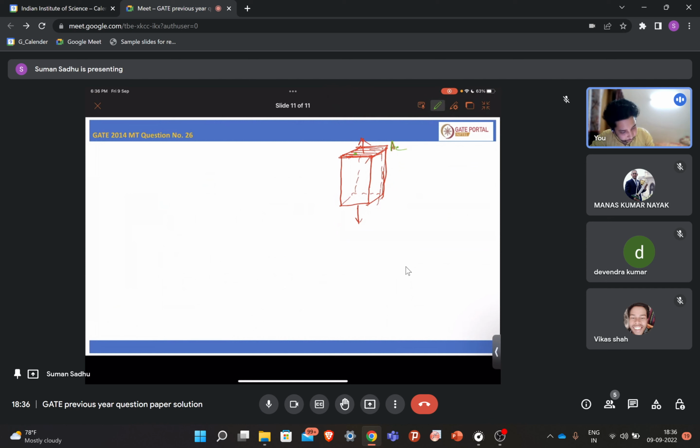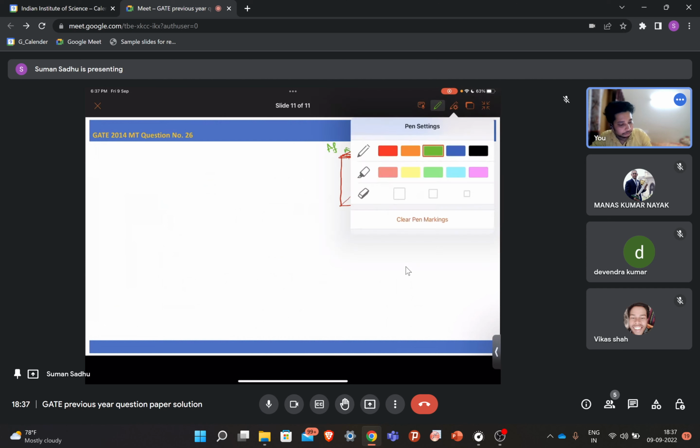Now we have composite here. If you see this cross section, the fibers will be oriented like this. So these are the fibers. If you visualize it in three dimensions, this will be the fiber. The fiber will also have some area. So the total area of the fiber is AF, and the area of the matrix is AM. So basically you can write that total area is equal to AF plus AM, right?